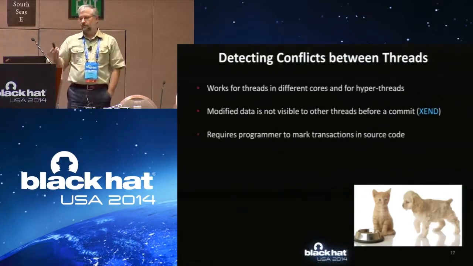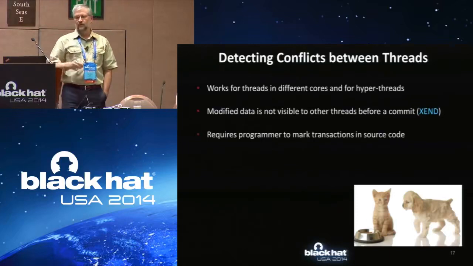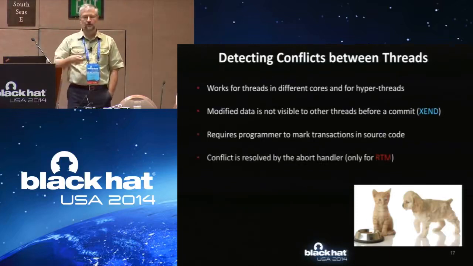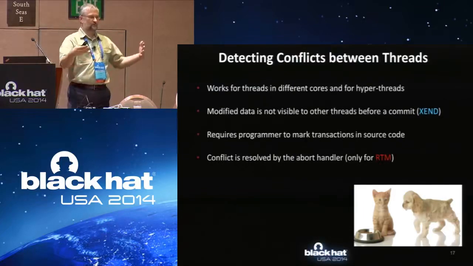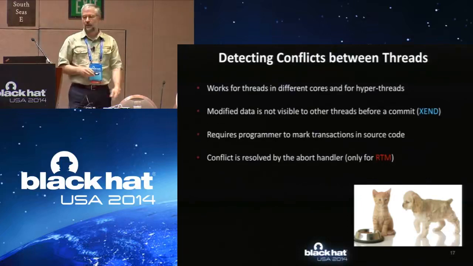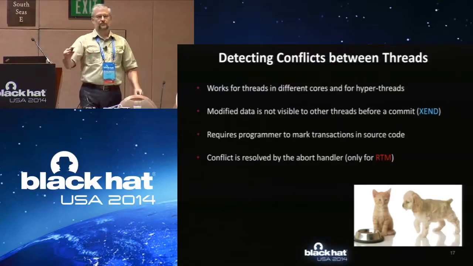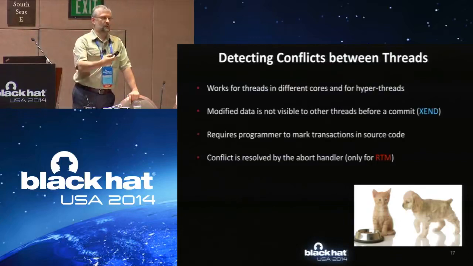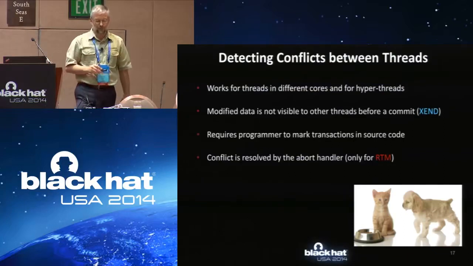In normal mode, we require programmers to mark transactions in source code, and they need to resolve a conflict if two threads conflicted by one doing a read and another doing a write, or both doing a write to the same location. The programmer has to resolve that problem, like we saw in the example. In the worst case, one has to revert to a standard locking mechanism.